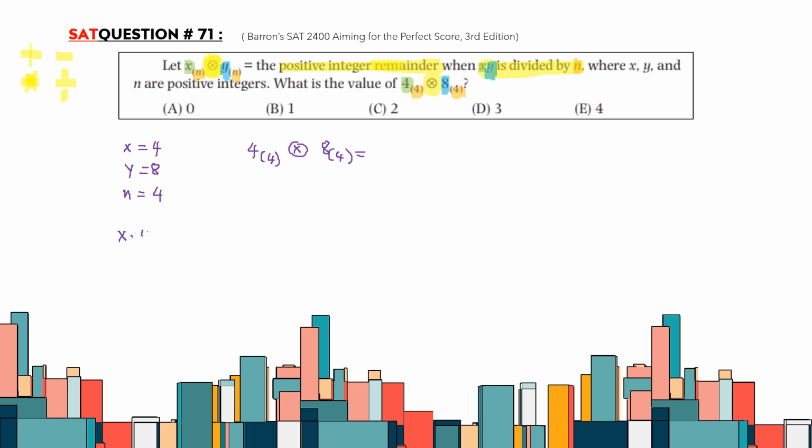So x times y is 4 times 8, that equals 32, and n is equal to 4. Now we do the division: 32 divided by 4 is 8, 8 times 4 is 32, we subtract, and the remainder here is 0. So the remainder is 0. The answer is 0.